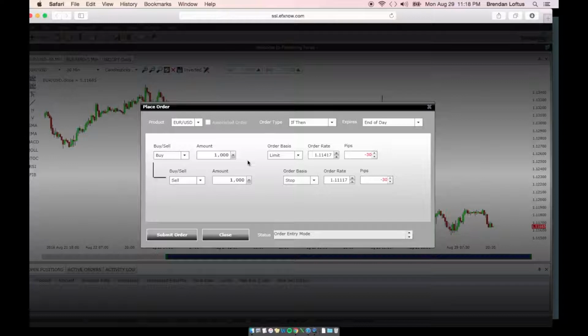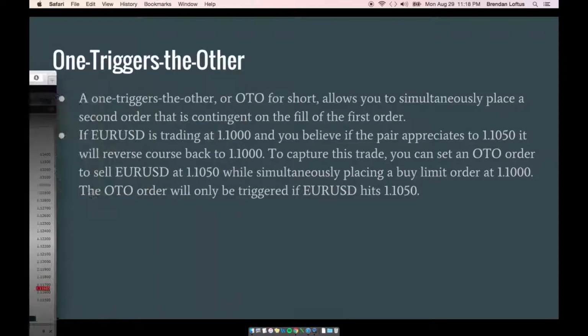So essentially, this is kind of a safe thing to do. Anytime you buy a currency pair, it is safe to at the same time add a stop loss, just so you have that added protection.